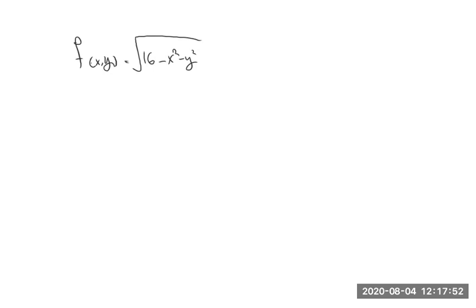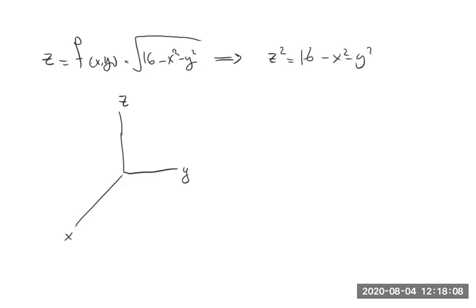So what we should do, what it means is that we should set it to be equal to z. We should look at the three-dimensional space, x, y, z. If we square both sides, we get z squared is equal to 16 minus x squared minus y squared. It means x squared plus y squared plus z squared equals 16.